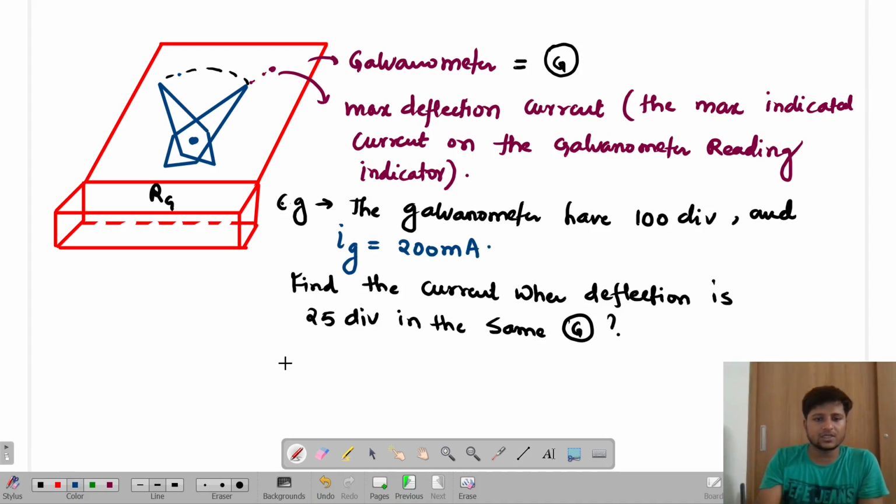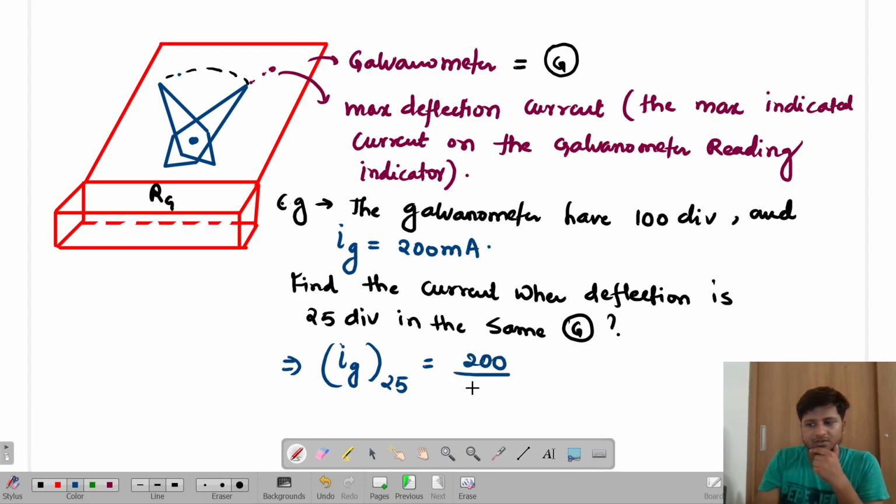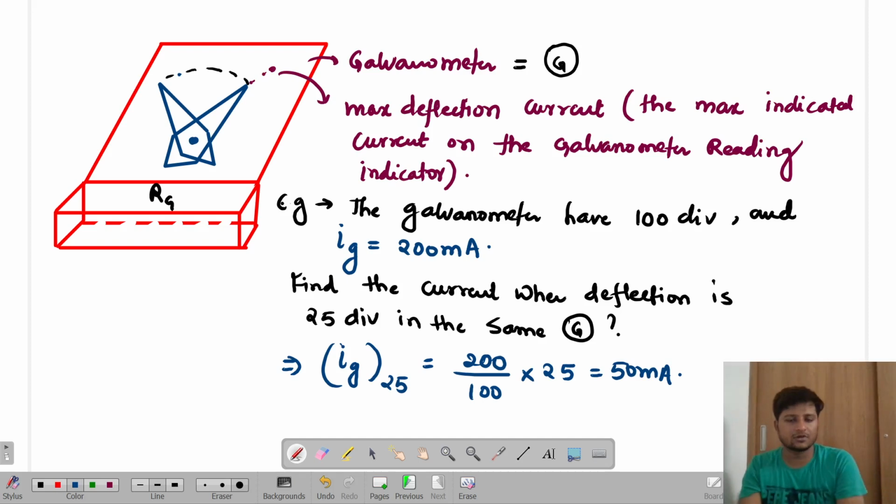It means only one thing: we know that for max deflection I have 200 milliamperes for 100 divisions. So for 25 divisions, Ig is equal to 200 by 100 into 25, which is equal to 50 milliamperes. Are you able to get me now? Is that clear?